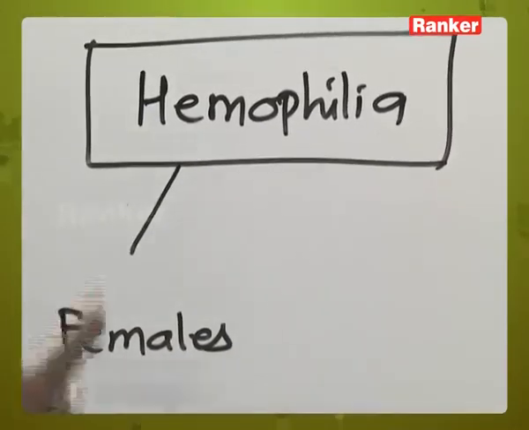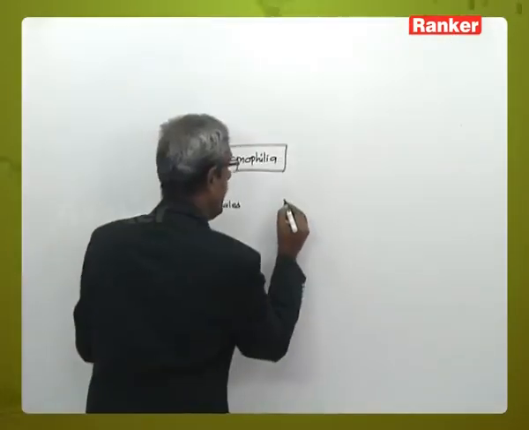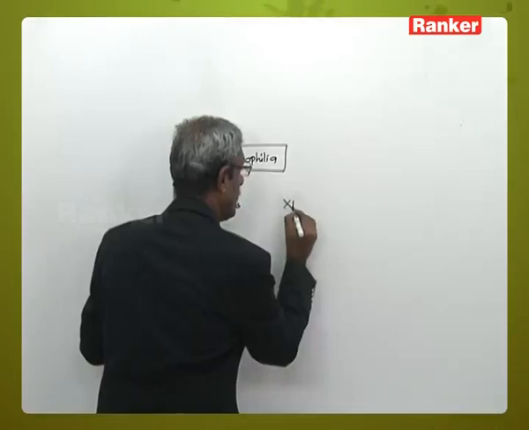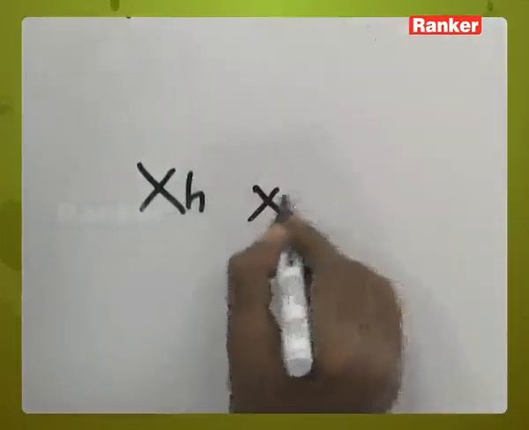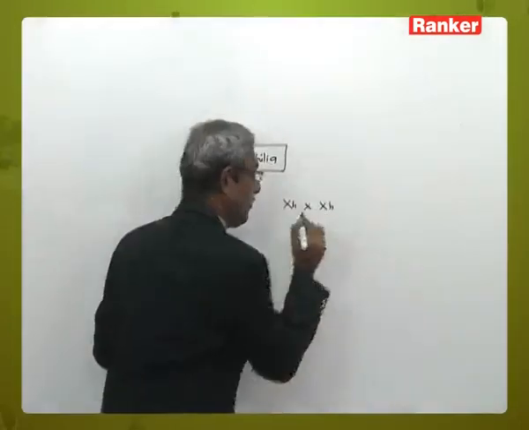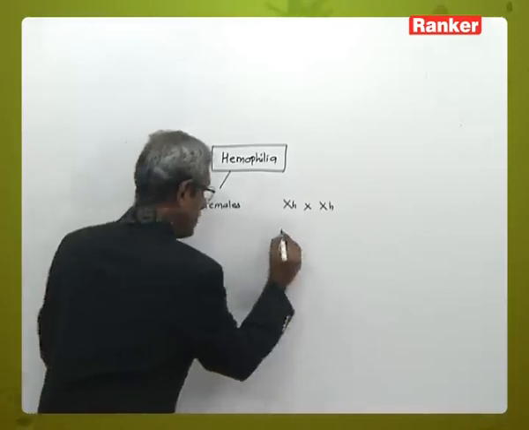Females are hemophilic when an X chromosome which is hemophilic is crossed with another hemophilic X chromosome, and it is predominantly due to the presence of a recessive gene.